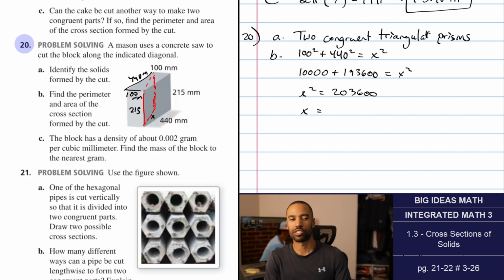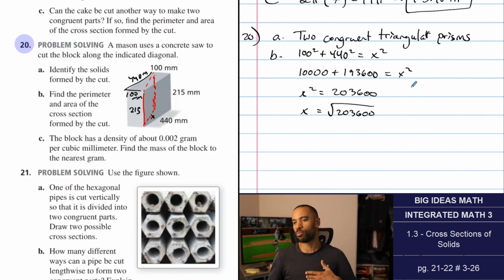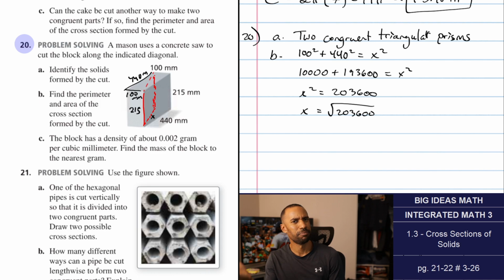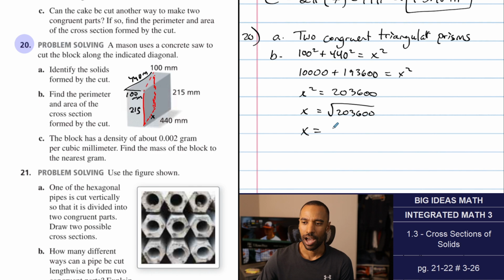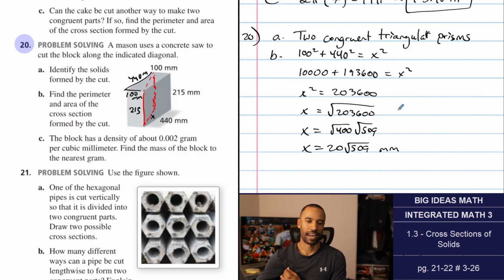It does not, so the square root is 451 something. Let's leave it as this. I could divide this by 400, and I got 509, probably a prime number. So root 400 times root 509, which is 20 root 509 millimeters. Either that or the decimal. I just don't want to round early.